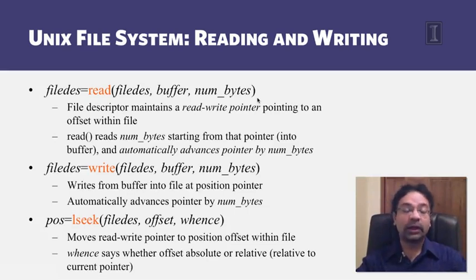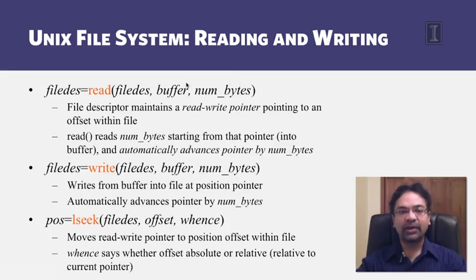Typically, the offset is initially 0 by default, but when you call a read with num bytes set to some value, say 10, the read will start reading from the beginning of the file, because the read-write pointer points to the beginning of the file, and it returns the first 10 bytes, because num bytes is 10, into the internal buffer of the process.